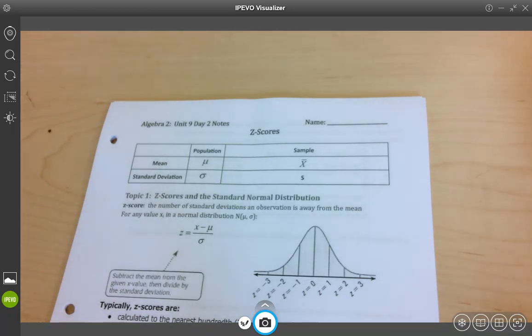Often we teach these probabilities using a z-score table, and I can show you how to use that if you're interested. However, Desmos does a lot of the heavy lifting for you, so we're going to be using Desmos today. When you do your homework assignment, there's a statistics calculator embedded in it.